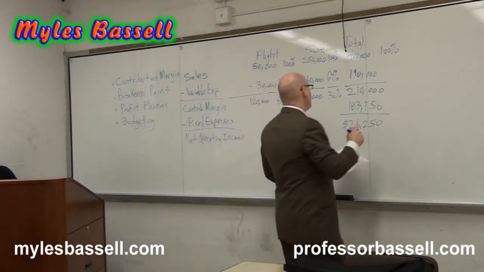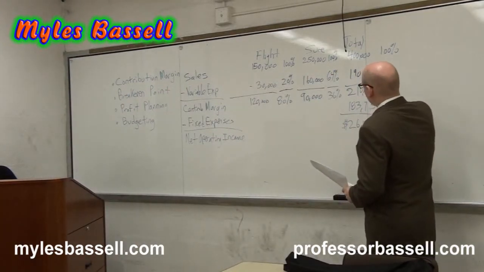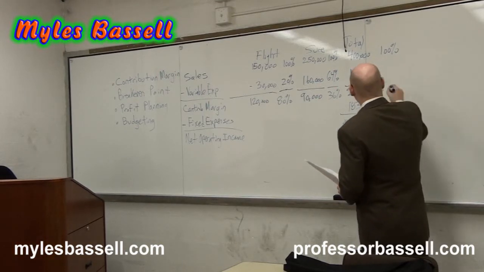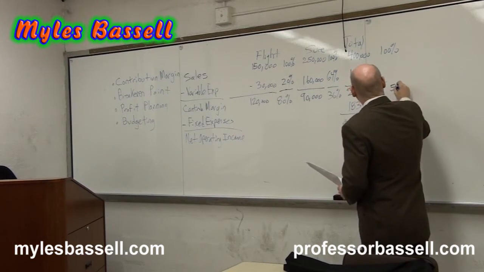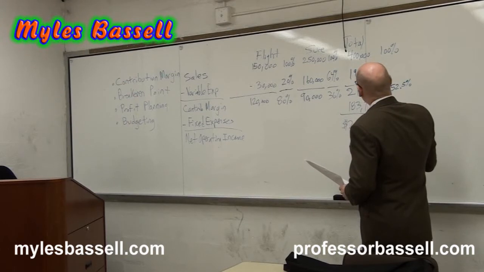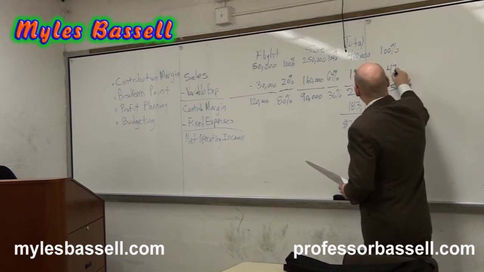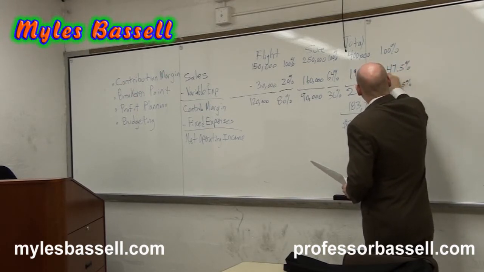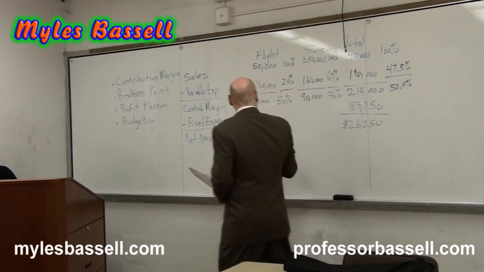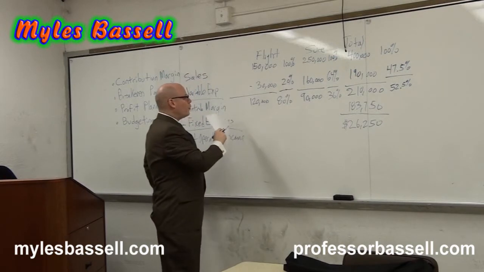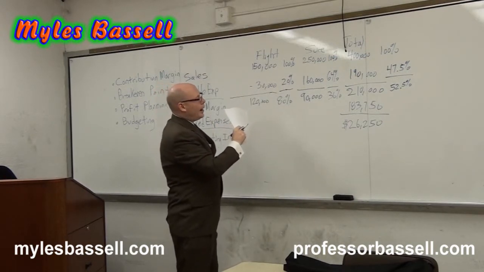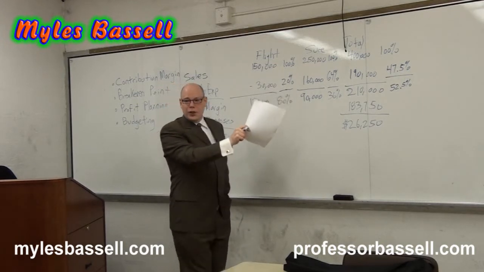So what is the contribution margin ratio? 52.5% for the entire company, and the rest is variable expense. So what do you find interesting so far about these two product lines and the overall profitability of the company?